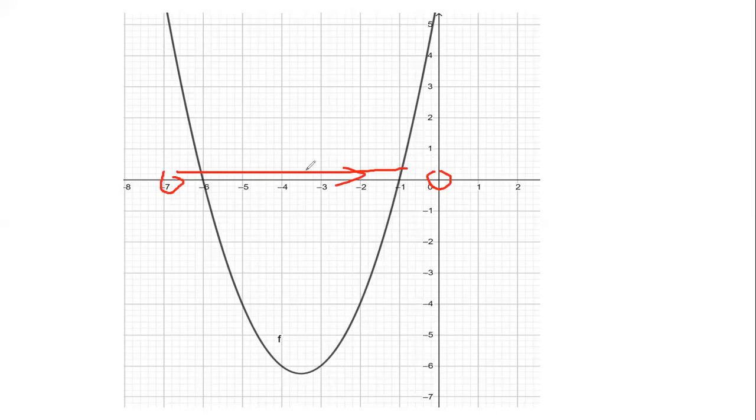So the behavior of the graph is called parabola of minima, because from -7 to 0 the behavior of the graph is, you have to write the answer, parabola of minima.